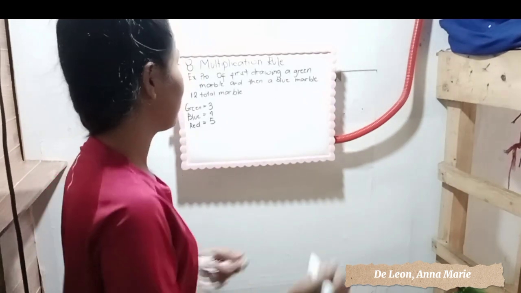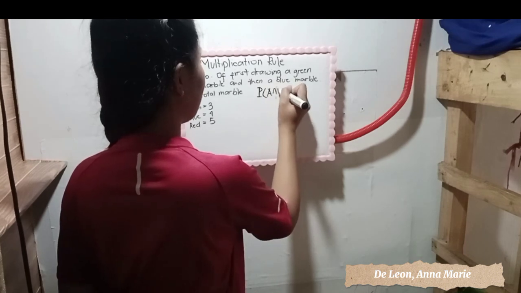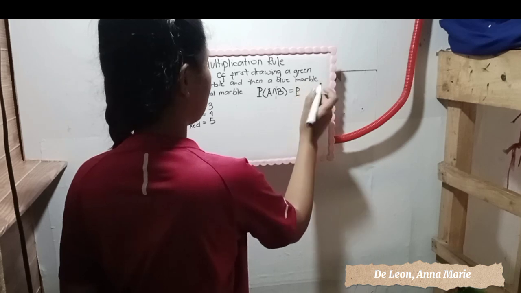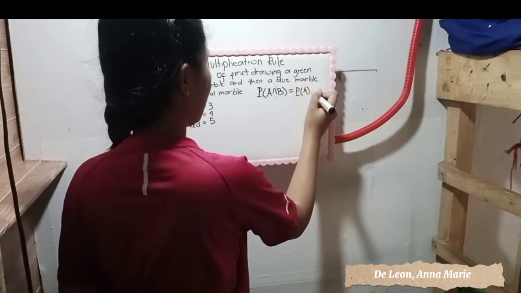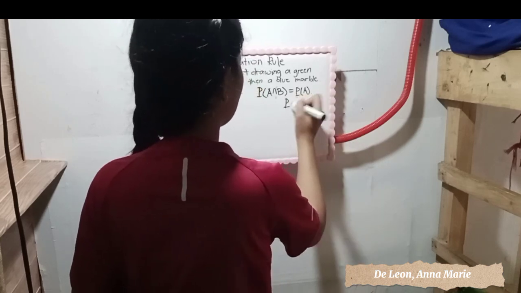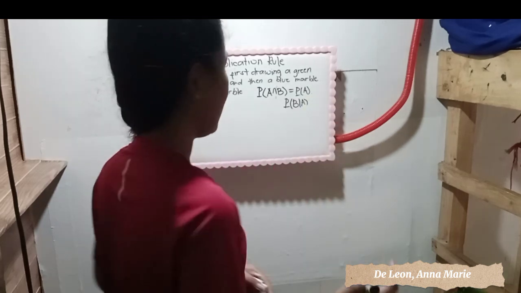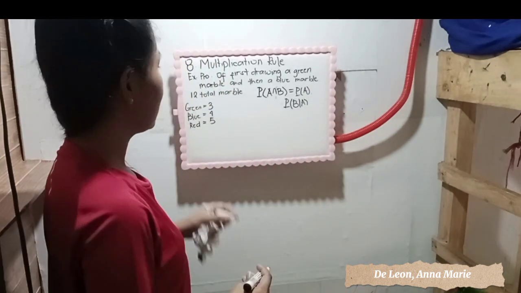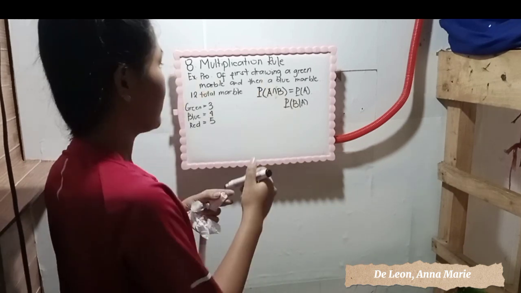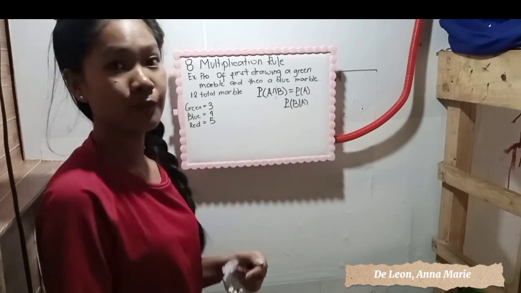The formula is the probability of A intersection B is equal to the probability of A times the probability of B given A. So in this example, you want to find out the probability of the first drawing of a green marble and then a blue marble in a bag of marbles.